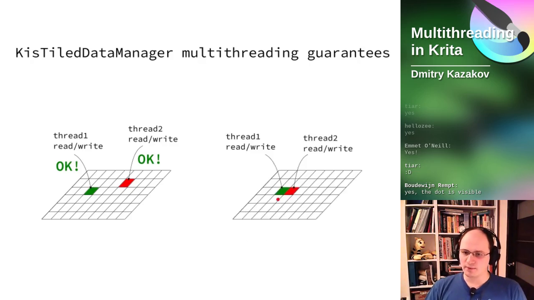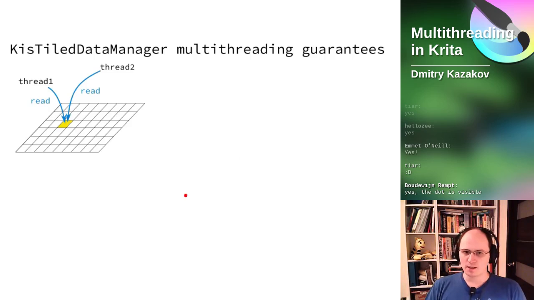So even if we read or write into two neighboring pixels, it will also be safe, even if they are stored in the same tile or something like that. The developer should not worry about that. If we are not writing into the same pixel, it is safe. So if we are reading from the same pixel from different threads, it is also safe.